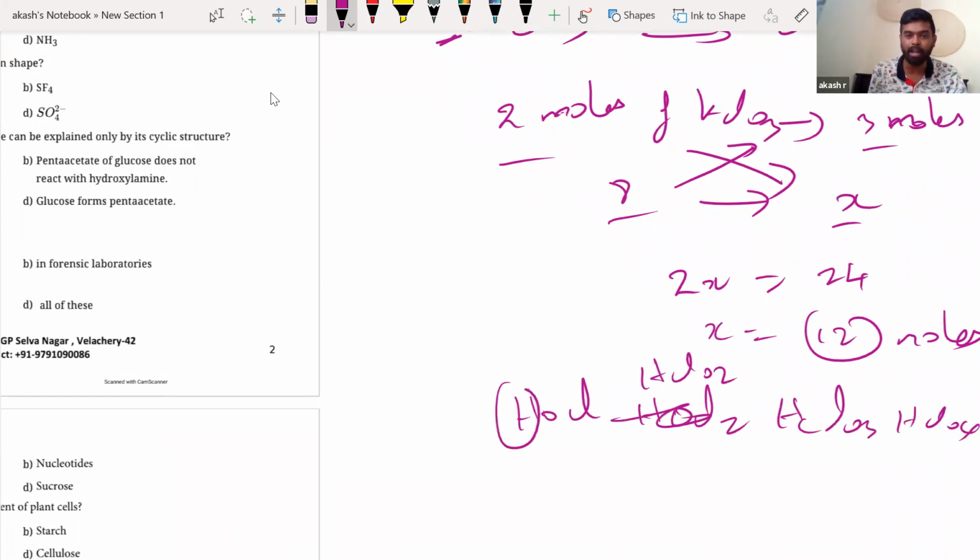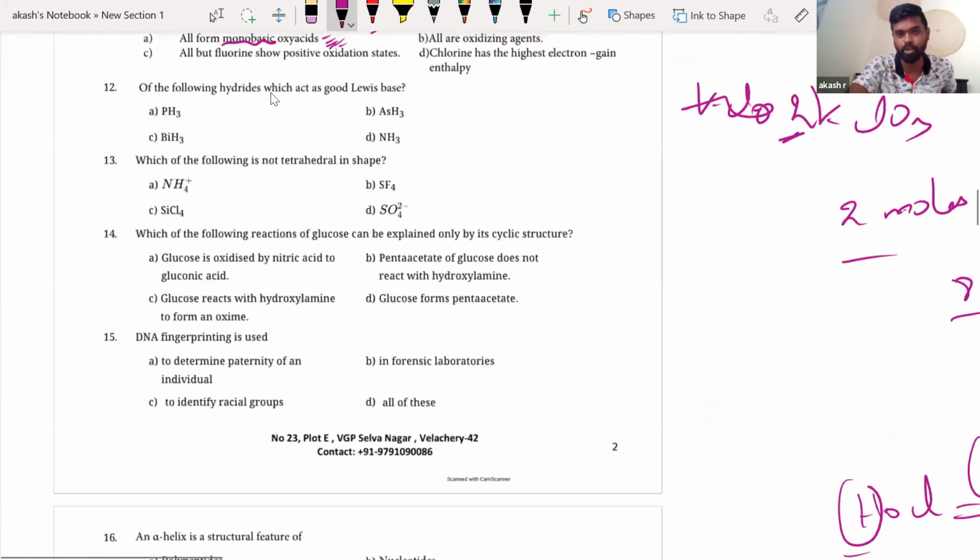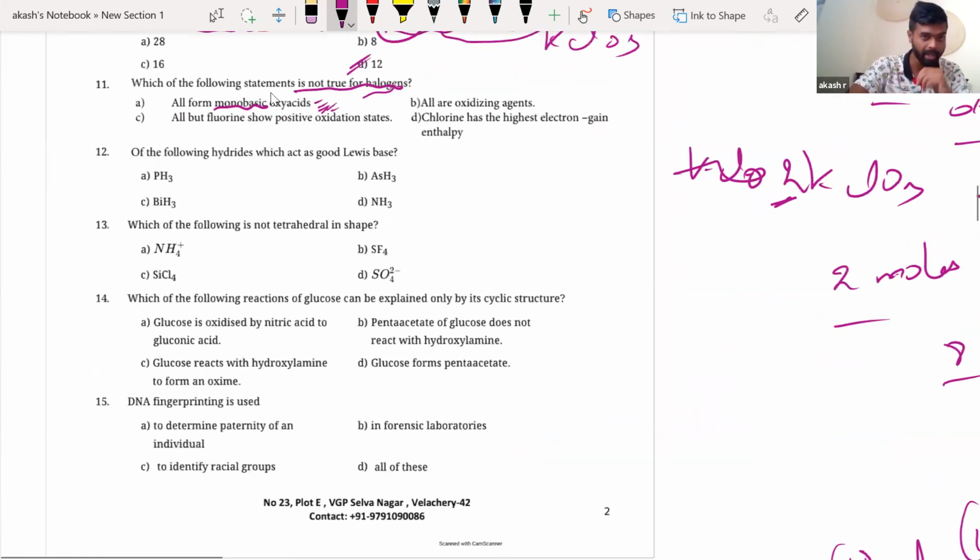Now you see that all of them have only one H associated with them. That means not only in the case of chlorine, even in bromine, iodine, whatever you see, there is only one H plus possible. Okay, so option A is correct. That means it is not a false statement; it is a true statement. Okay, next.